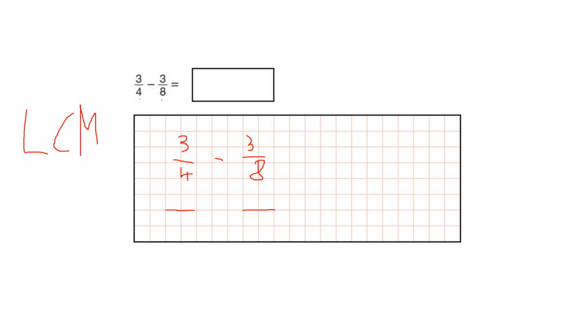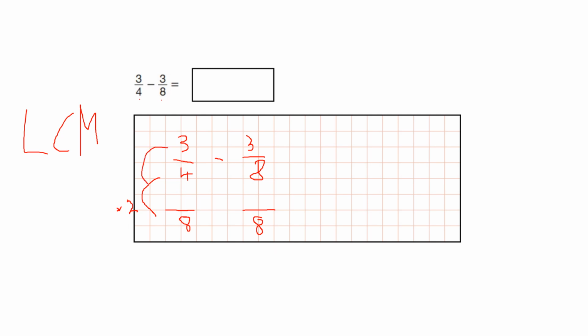Now 4 and 8 we should be able to look at and know that 8 is a multiple of 4. Because what I do to 4, I times by 2. And whatever I do to the bottom of my fraction, I must do to the top.